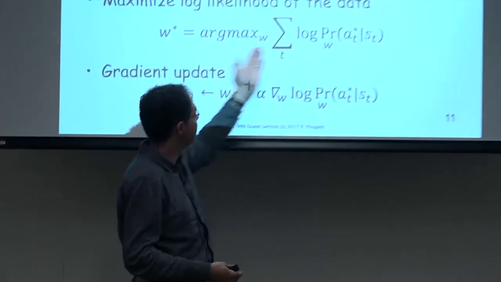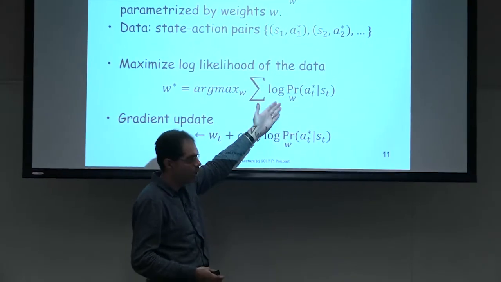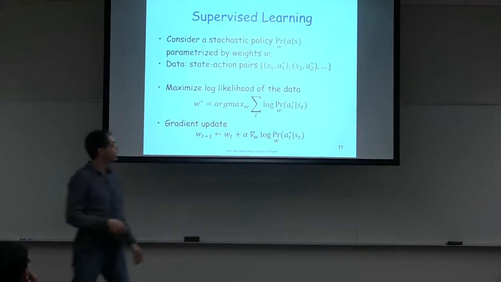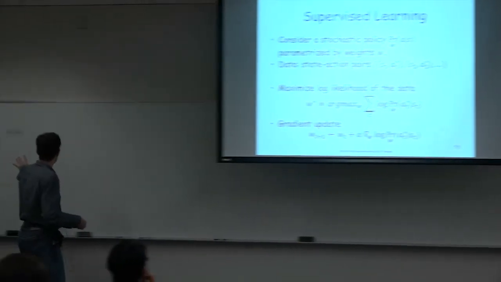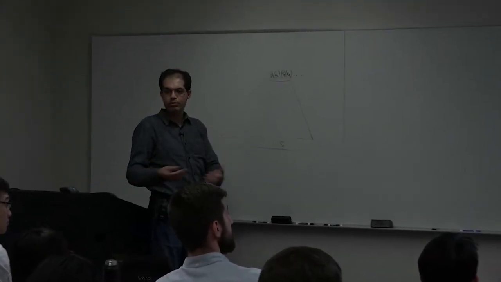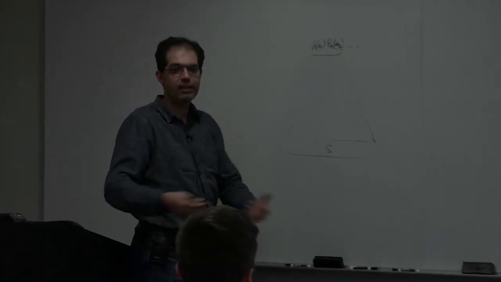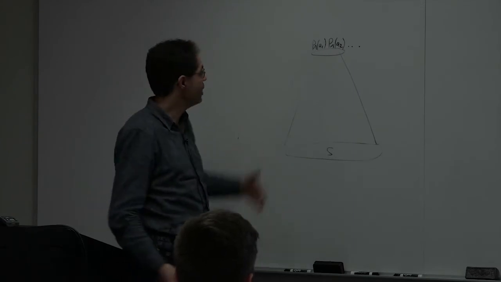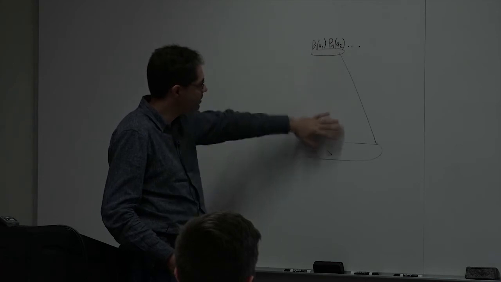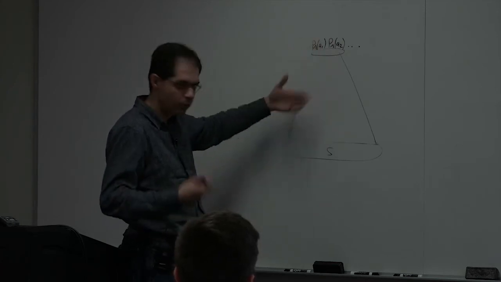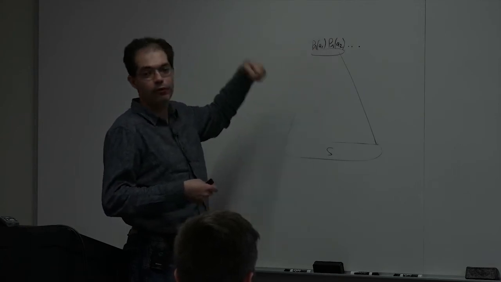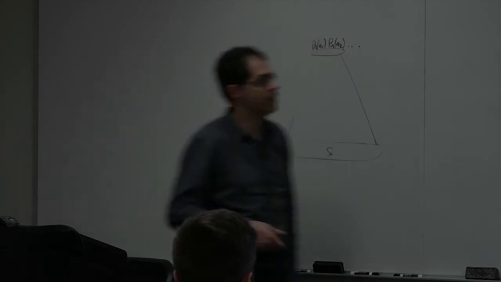And we can do this simply by maximizing the sum of the log of the probabilities of each action given each state. So then in a representation, let's say with a deep neural network like this, you could use simply gradient descent, use some form of automatic differentiation to figure out what would be the gradient, and then adjust the weights in your network so that over time it will converge towards having a high probability for the correct action in each state.